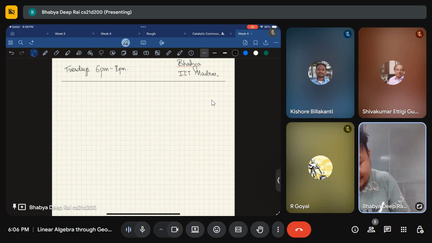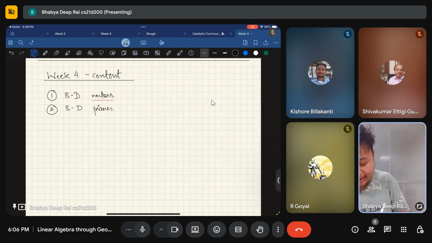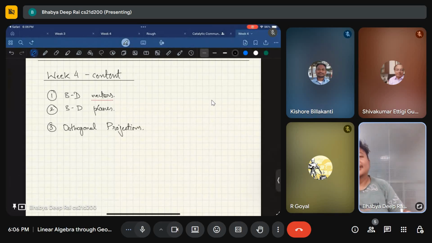So what is this week's content? Week 4 content. This is the first time that we are looking into 3D. What in 3D? Well, 3D vectors and 3D planes, and more on orthogonal projections. We did a bit last time, but this is just a generalization of last time's content from 2D to 3D.